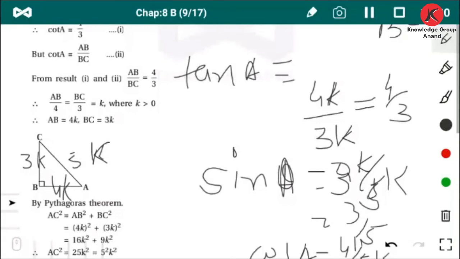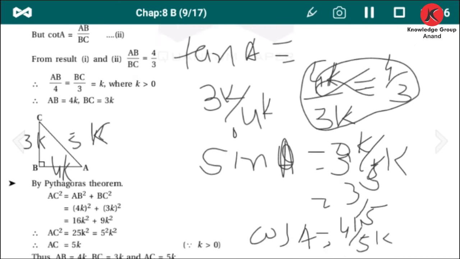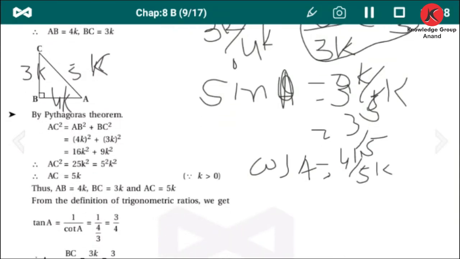Tan A is equal to opposite upon adjacent, then it is the wrong value. Tan A is equal to 3K upon 4K, therefore 3 by 4.